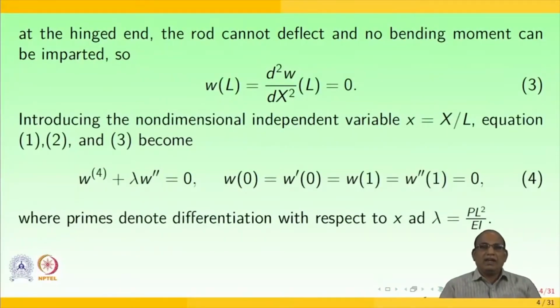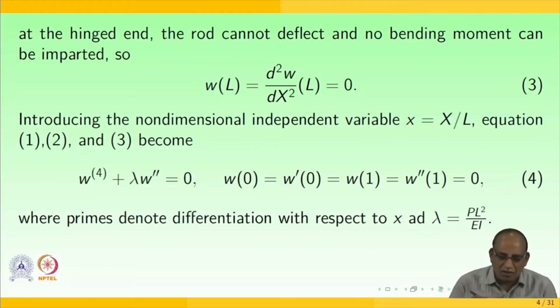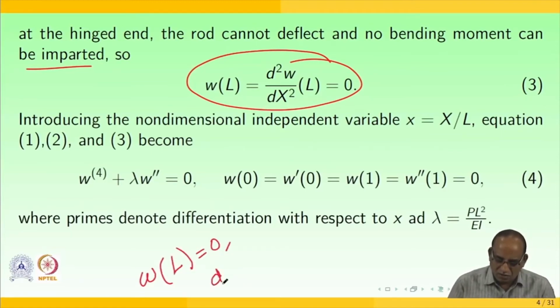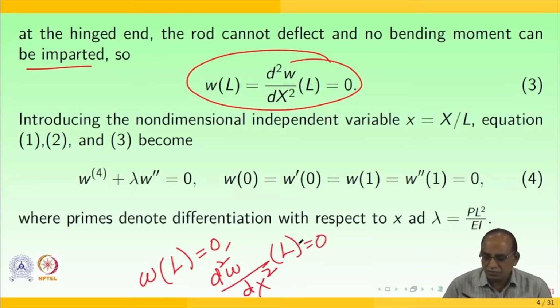At the hinged end, the rod cannot deflect and no bending moment can be imparted. So you will have W of L is equal to 0, d square W by dX square of L is equal to 0.